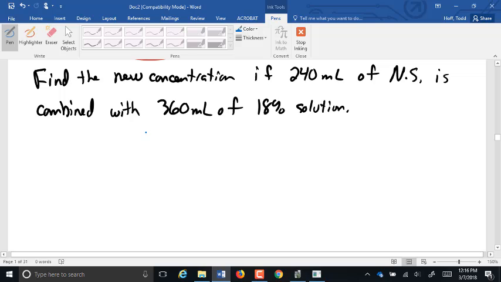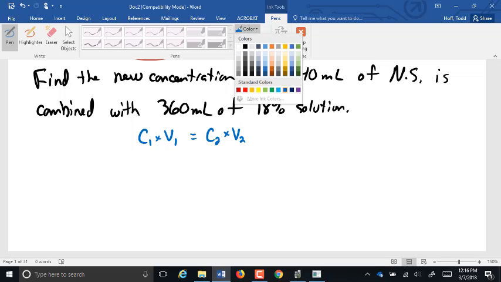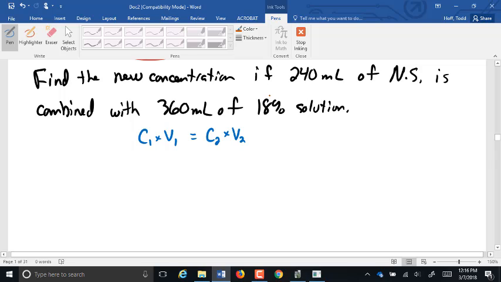So again, we're going to use that concentration times volume before equals concentration times volume after. Starting out, we have 18% times 360 milliliters equals, we don't know our new concentration.